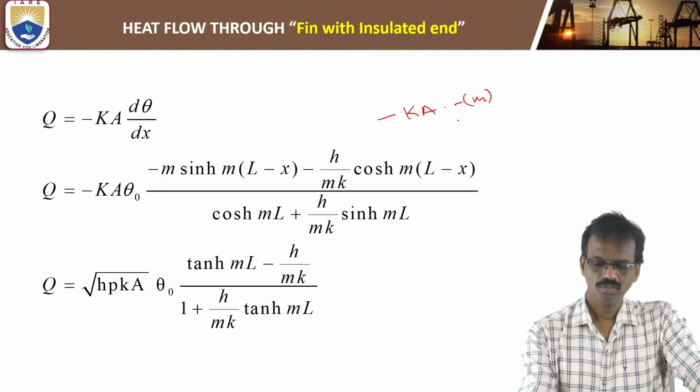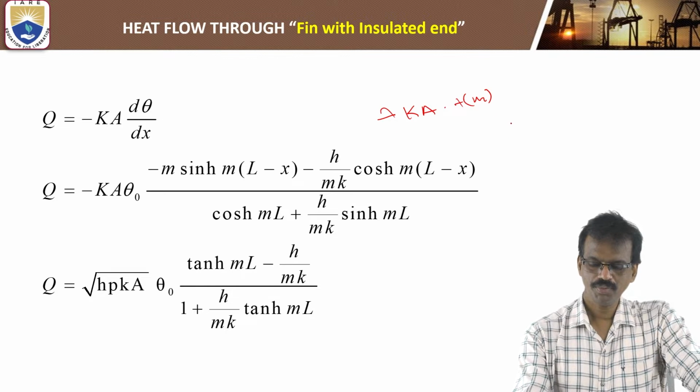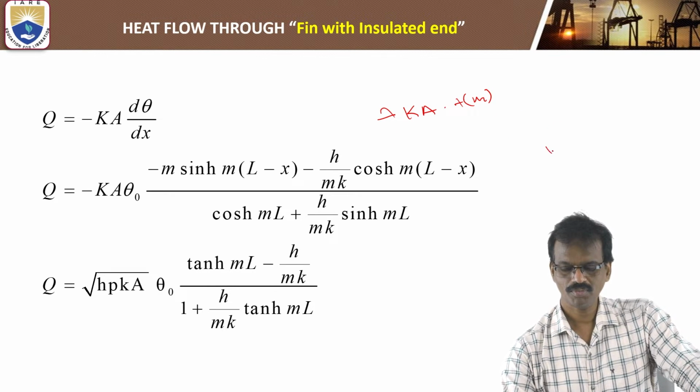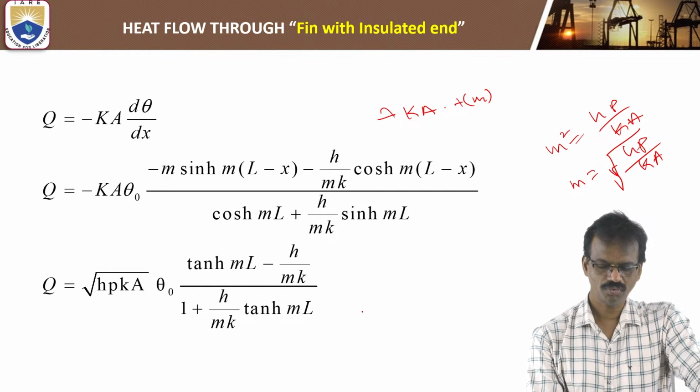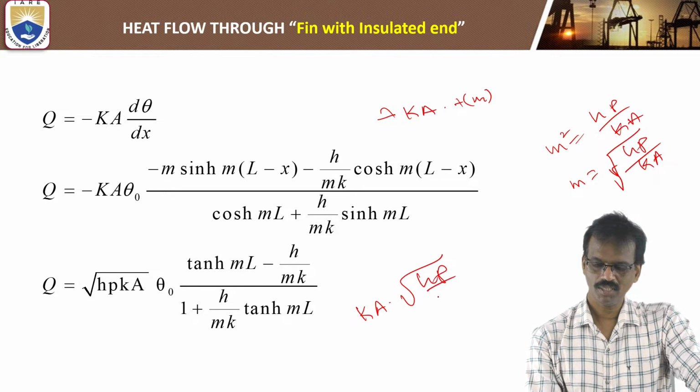Okay. So m square is equal to hP by kA, so m is equal to the square root of hP by kA. Here kA is already there, so kA into the square root of hP by kA.